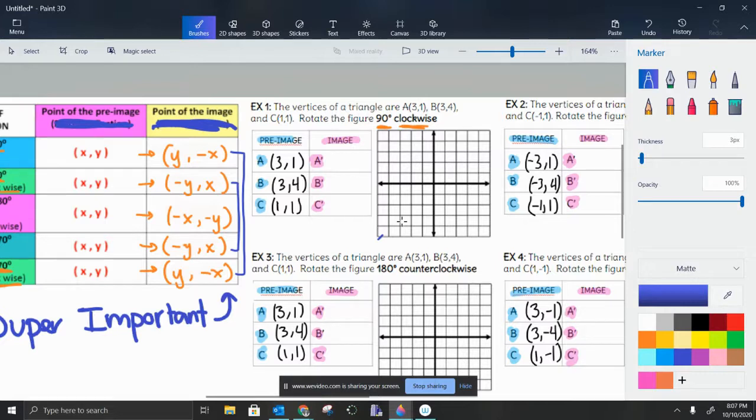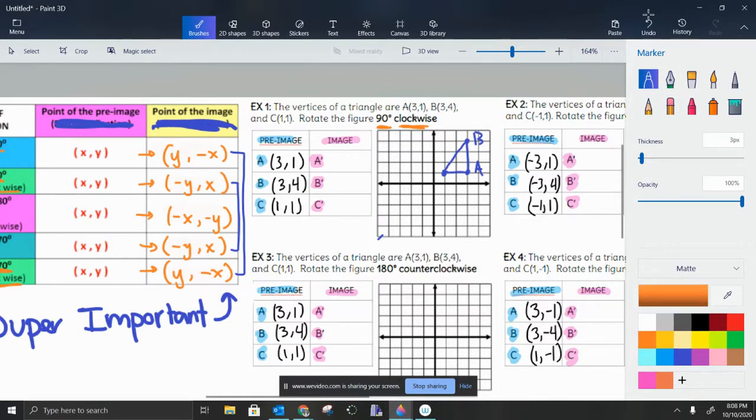So A is at (3, 1). So here's A. B is at (3, 4). So here's B. And C is at (1, 1). Okay, so here is our original triangle. Okay, so we're going to rotate this thing 90 degrees clockwise.